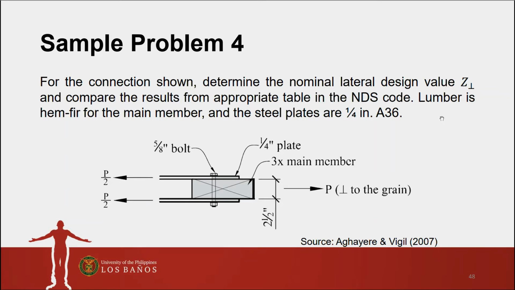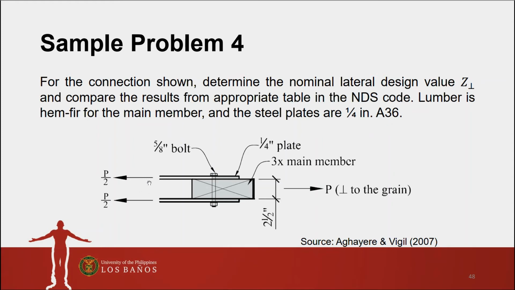Next, for sample problem 4, for the common connection shown, determine the nominal lateral design value Z perpendicular and compare the results with the appropriate table in the NDS code. Lumber is hemisphere for the main member and the steel plates are 1/4 inch A36 steel.